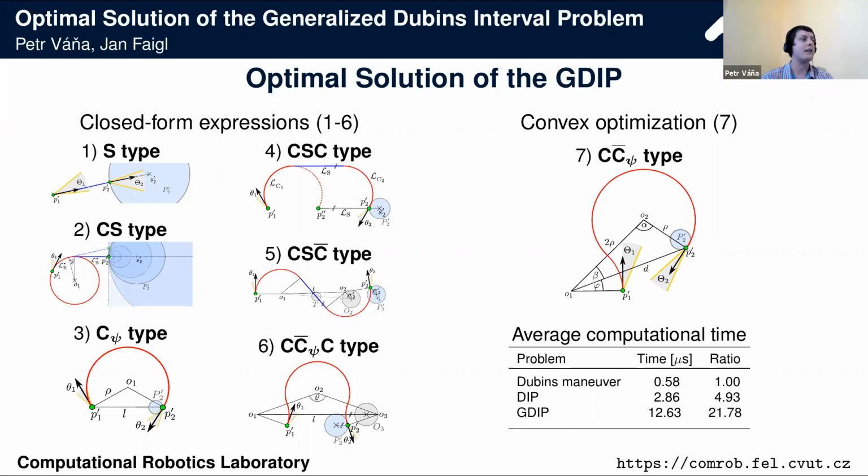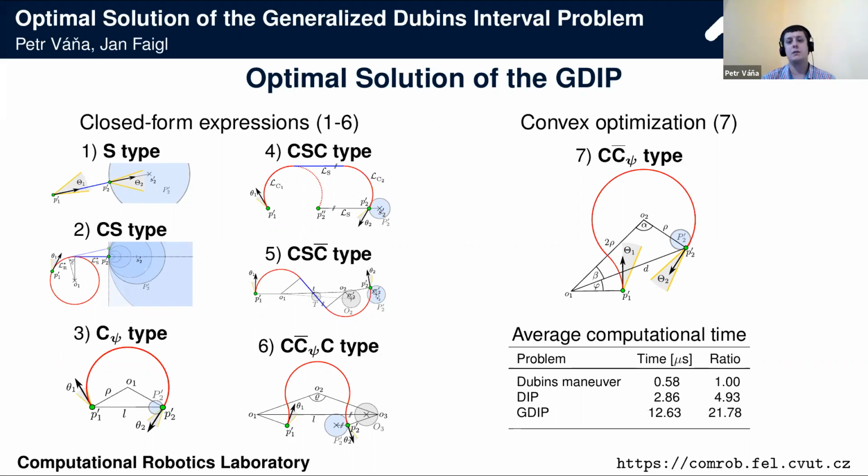So for each case, we find the necessary conditions, and we also prove it. So for each case, we have a lemma and also a formal proof that proves that for these maneuvers, we have some specific conditions.